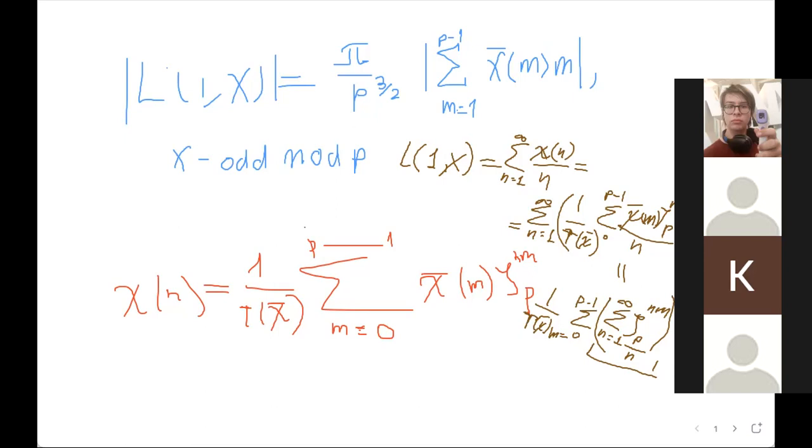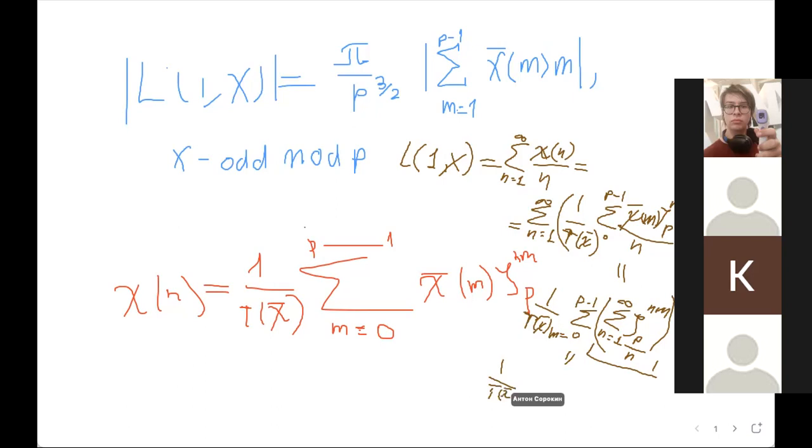No, first you need to rewrite this sum with 1 over n as a logarithm. Can you just tell me the answer? Petya, you said that it's equal to a logarithm.